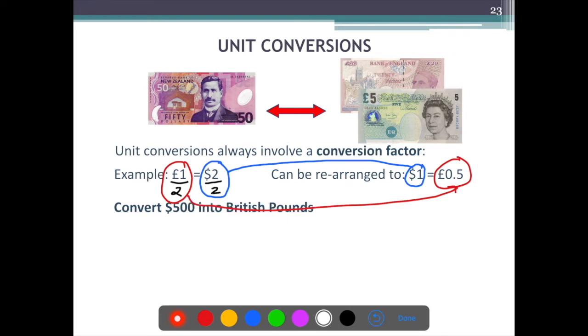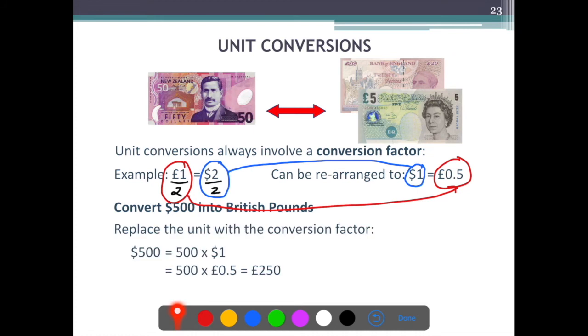Oops, it also erased everything. Okay, so if you wanted to convert $500 into British pounds, how do we go about converting dollars to pounds? The first thing you need is a conversion factor, which we already have here. The next thing you do is write the number in terms of the number and the unit.